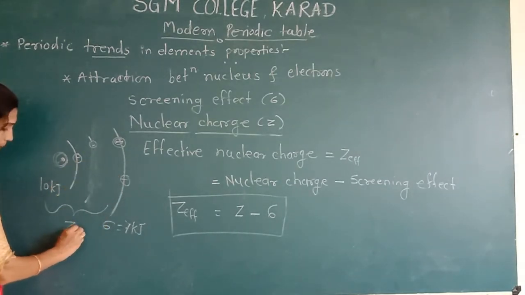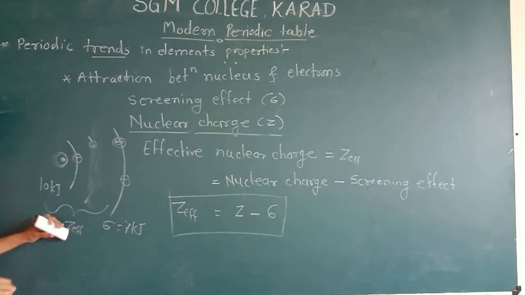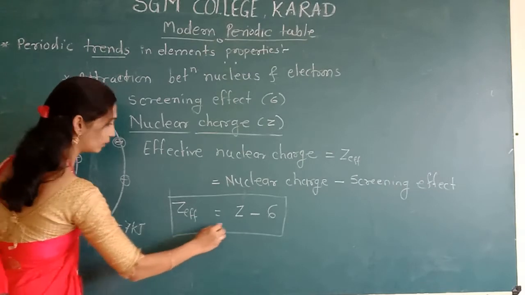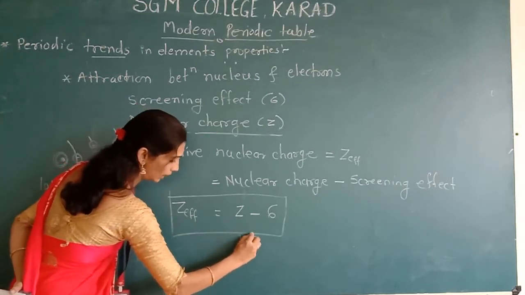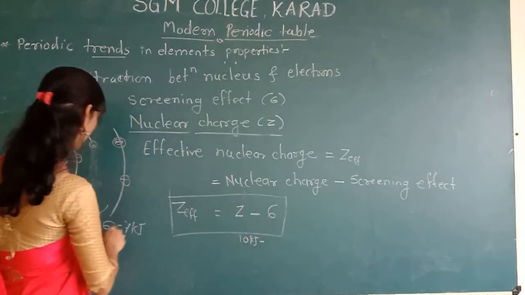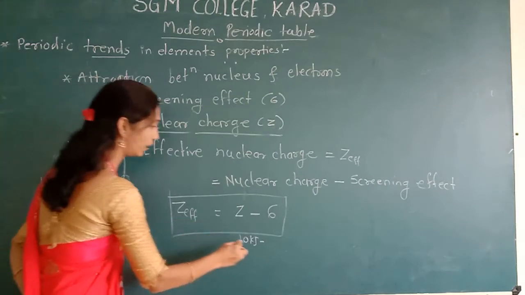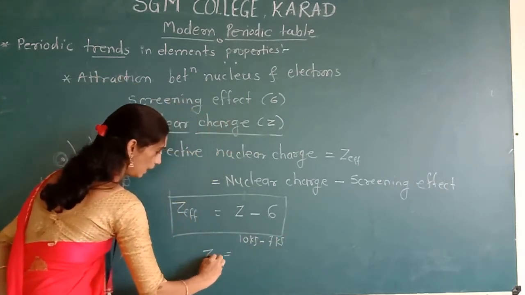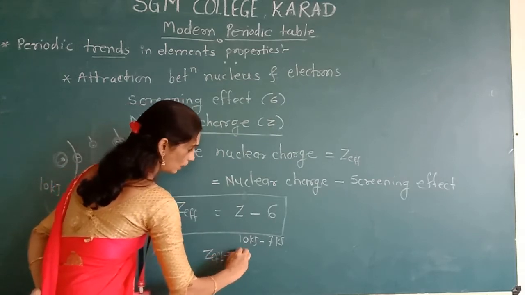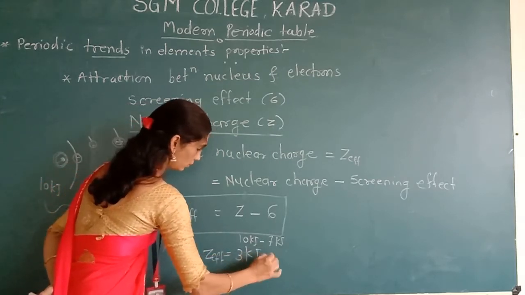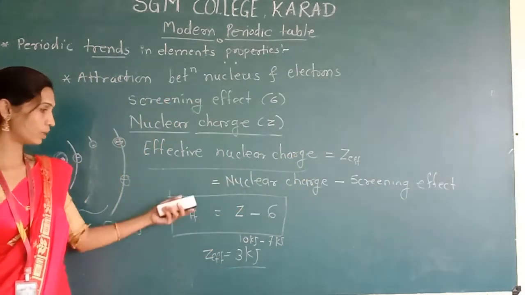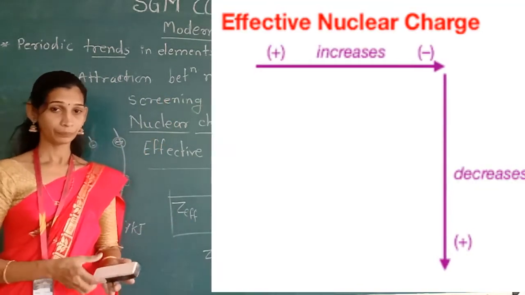That means our Z effective. That is found by this formula: Z effective is equal to 10 kilojoule minus sigma, that means our screening effect, 7 kilojoule. See here, Z effective is equal to 3 kilojoule. The effective nuclear charge is found by using this formula.